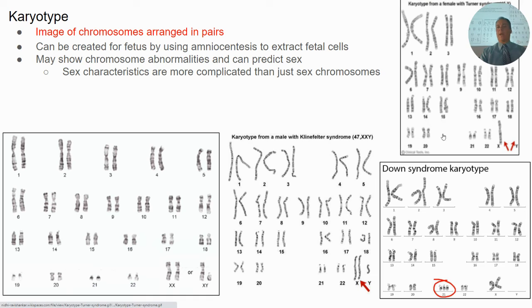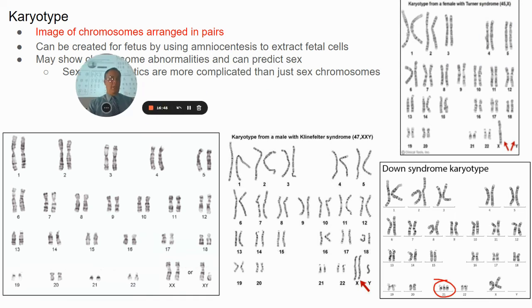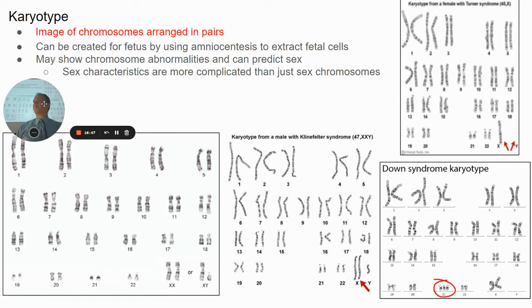It can be made while the fetus is still in utero by sampling amniotic fluid. It shows a picture of the chromosomes that a person has. So the typical number of chromosomes in a human is what?